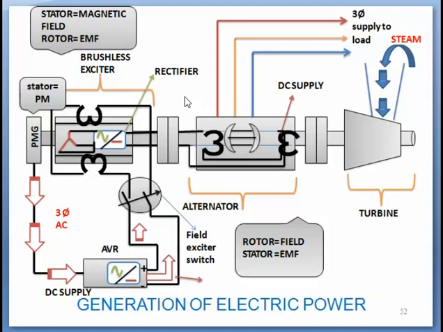The generator is connected to the bus by isolators and circuit breaker arrangement located in the switchyard, from where power is transmitted to the substations. Hereafter, the power distribution network starts. So these details, you don't bother. The detailing of the electrical part will be done in the coming classes in detail.